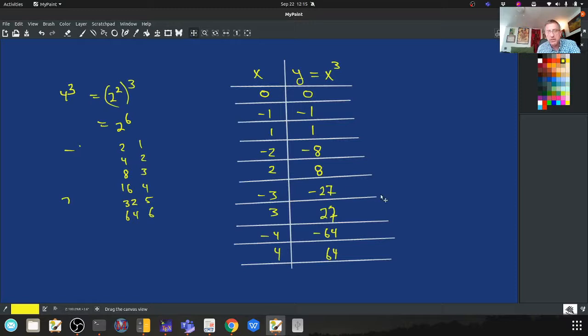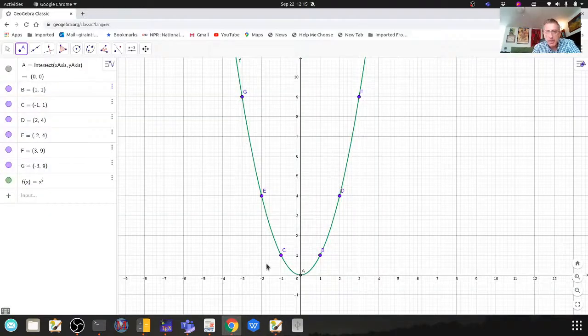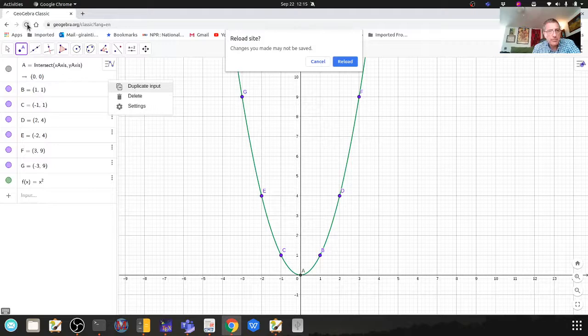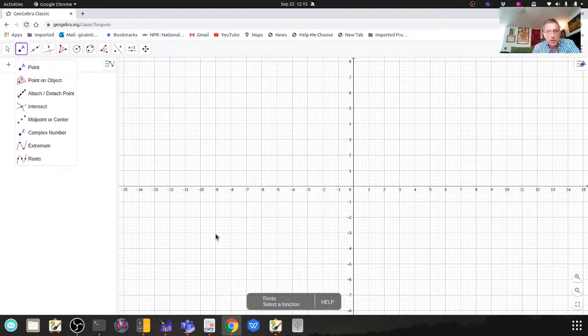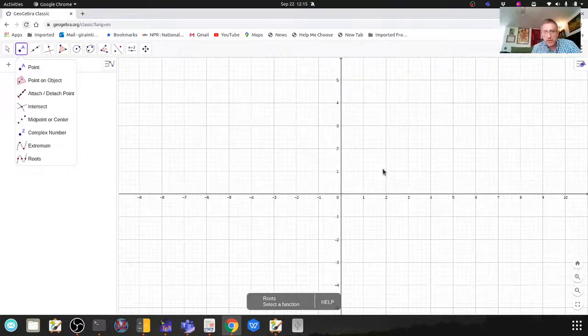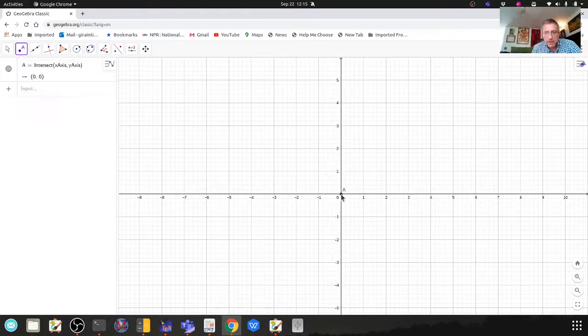So let's go and let's plot some of these values. My first value was 0, 0. And my second value was 1, 1.